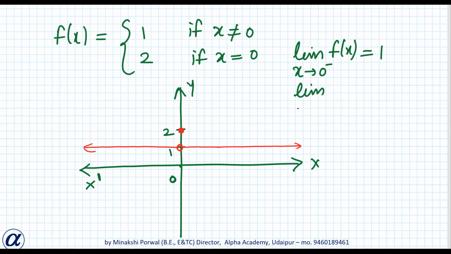Limit x tends to 0 plus f(x), when we are approaching from the right hand side, not at 0 but just after 0, its value is 1 only. So its value is 1. Now, according to our definition, is this graph continuous? Yes, ma'am. No. So we'll encounter this point also.